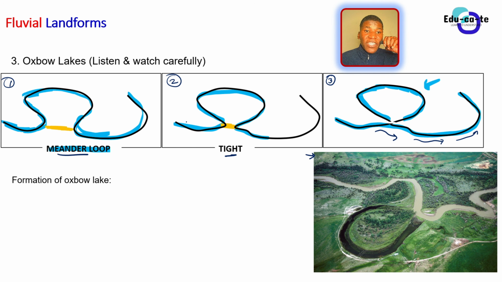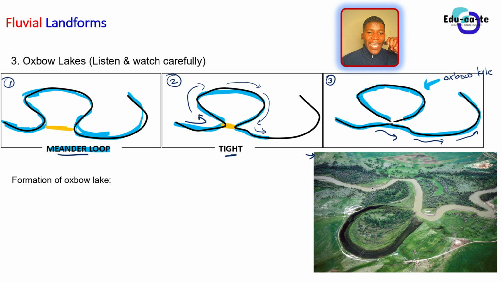Remember, in the other images, the water was flowing around the bend, around the meander loop. But here at situation number 3, it is now ignoring this bend. So this part that has been cut off is known as an oxbow lake.